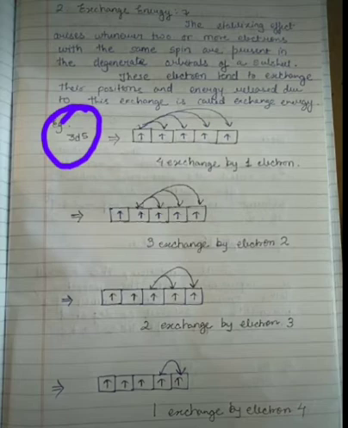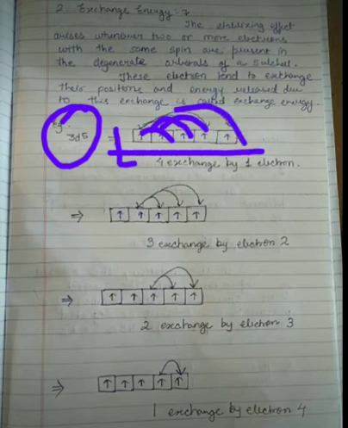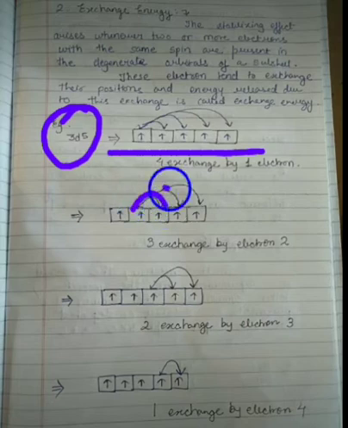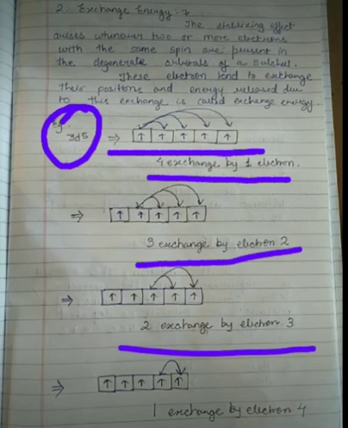For this, students, if there is a half filled configuration, then the very first electron can exchange with 1, 2, 3 and 4 consecutive orbitals. Again, if we consider the second electron, it can exchange with 1, 2 and 3. So you can see 4 exchanges by the first electron, 3 exchanges by the second electron, 2 exchanges by the third electron and 1 exchange by the fourth electron.